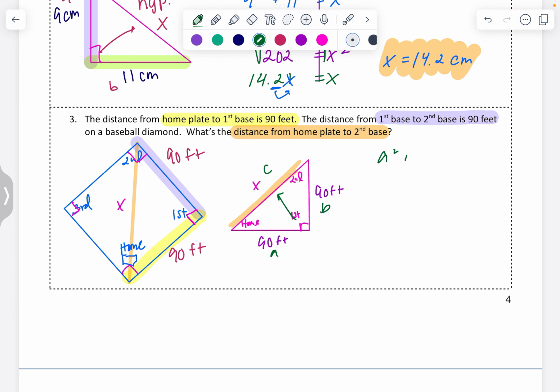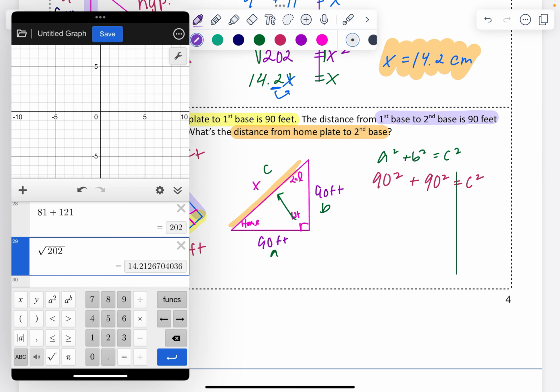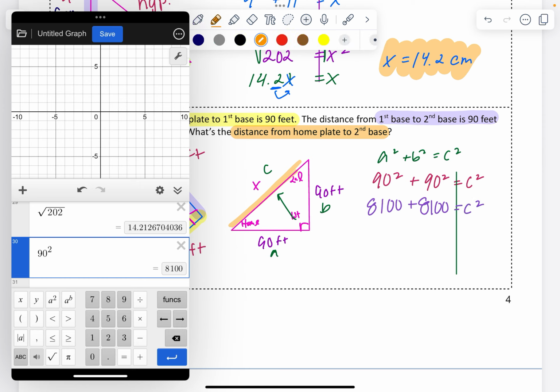We have A squared plus B squared is equal to C squared. A is 90, so it becomes 90 squared, plus B is 90 squared as well, is equal to my unknown of C squared. All right, let's go ahead and calculate some stuff. 90 squared is equal to 8,100 plus 90 squared is the same exact thing, is equal to C squared.